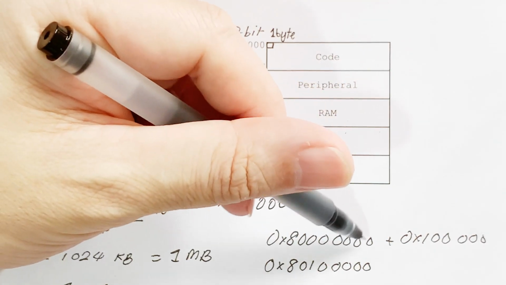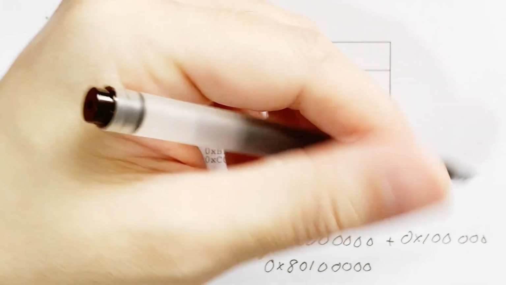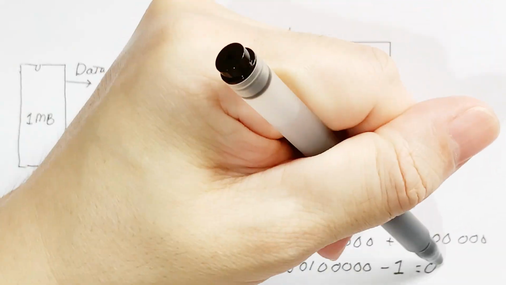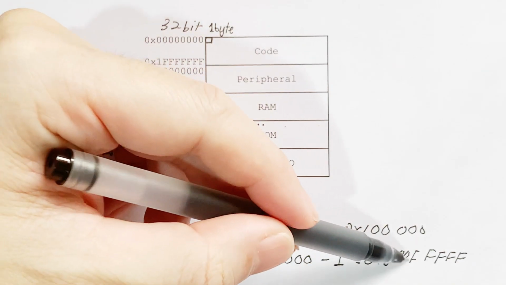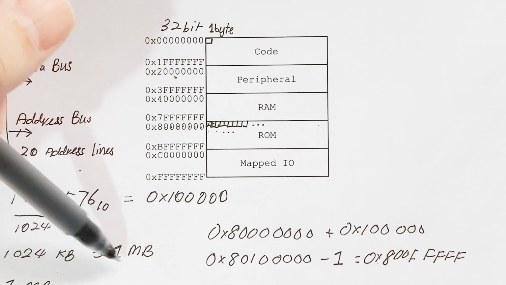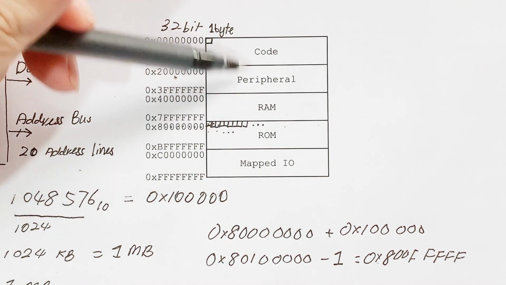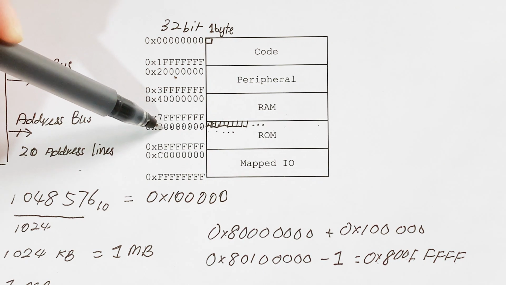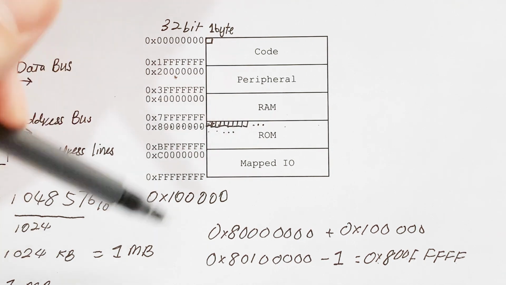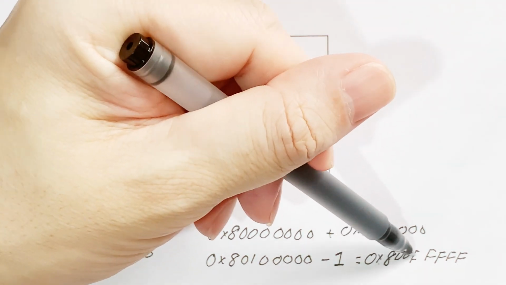However, since we start with the value 0 as the first address, the last address would have to be minus 1, which ends up being 0x800FFFFF. If we connect 1 megabyte of ROM to this memory map where the address starts from 80000000, the last address for this 1 megabyte of ROM will be 800FFFFF.